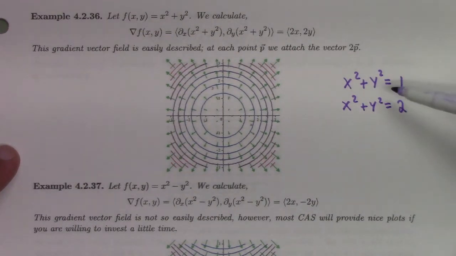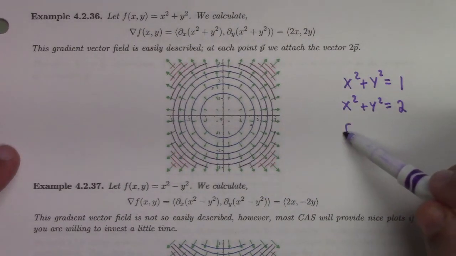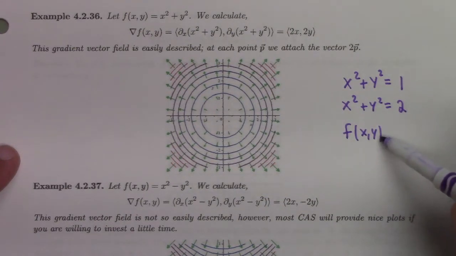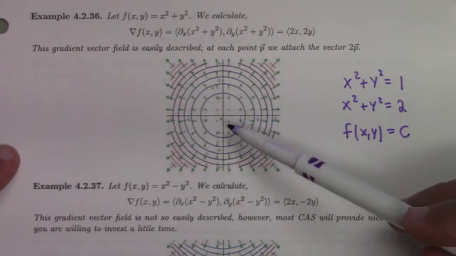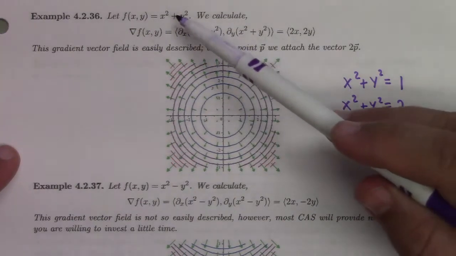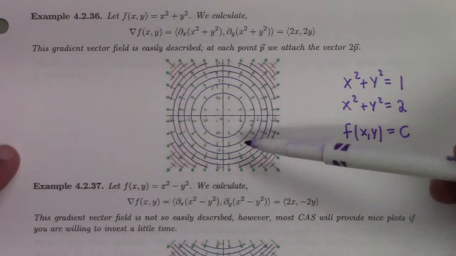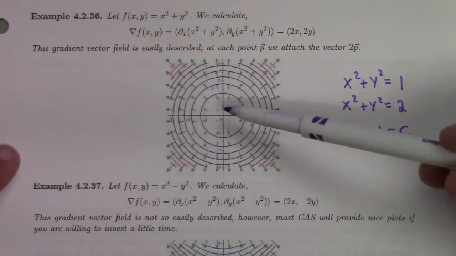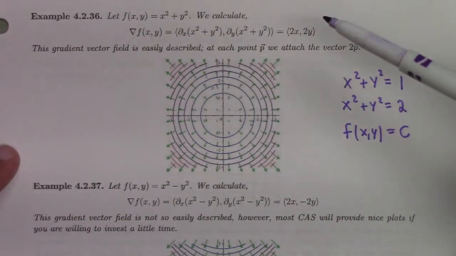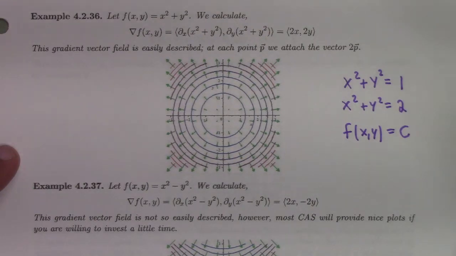All we're saying is a level curve has the format f of x comma y equal to some constant c. And so here's various levels for that curve. And the color coding has additional meaning. The more blue it is, the smaller the value, and as it gets red, it's getting larger. All right. Anyway, so that's the meaning of the graphic.